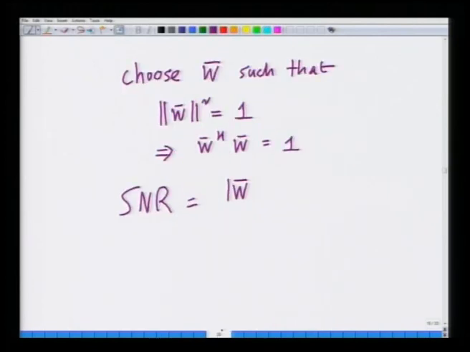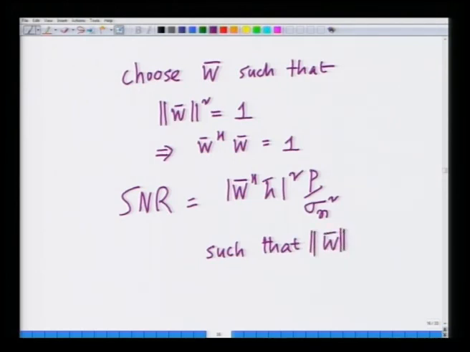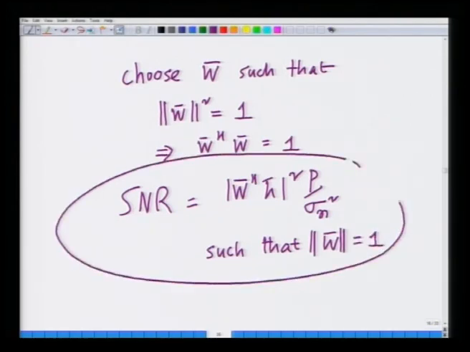So, the SNR simply becomes: maximize magnitude W bar Hermitian H bar square into some constant P over sigma n square, such that norm of W bar square equals 1. This is the problem of choosing the beamformer. We said the beamformer SNR is invariant up to a scale, that is, unique up to a scale factor. So, I am fixing the scale factor such that the norm of W bar equals 1.